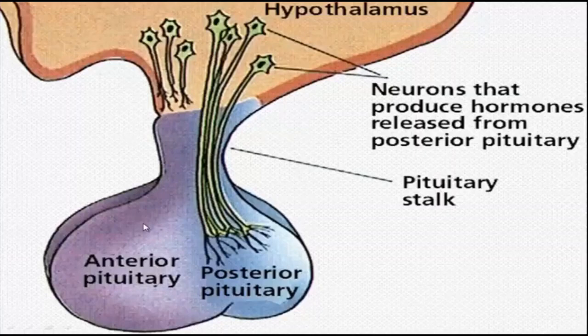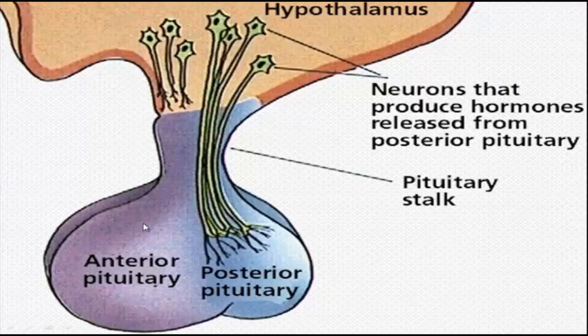Now see this diagram. 2 lobes, anterior pituitary and posterior pituitary. Anterior lobe is adenohypophysis and posterior lobe is neurohypophysis. Some hormones are produced from the anterior pituitary and some from the posterior pituitary. What are the hormones secreted in the adenohypophysis?